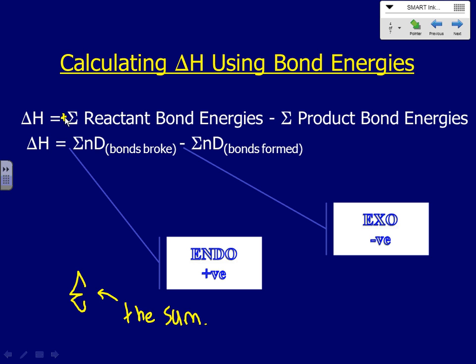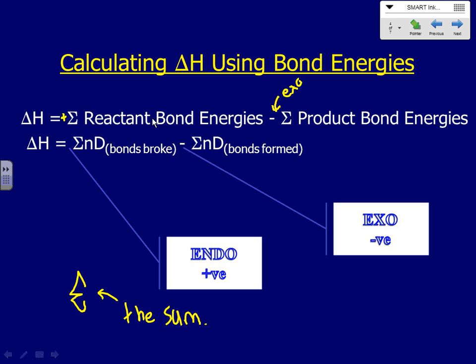Now I don't put a positive there at the start of the equation, but we could. That means that these are endothermic processes. It's taking energy to do this. And if we then subtract off, or this negative could be thought of as being exothermic, that means it's exo. So when we make the bonds, we get our energy back out.